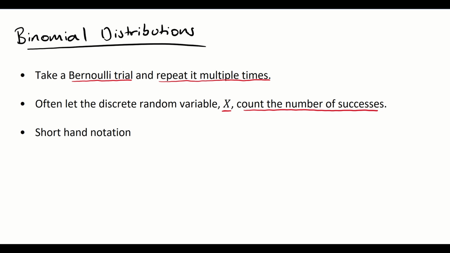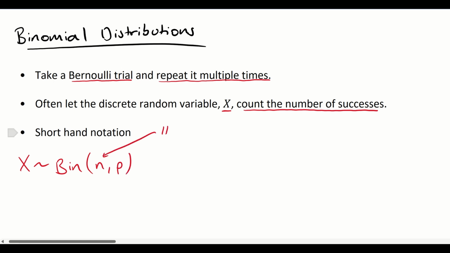successes. And the shorthand notation is just to say that our discrete random variable x is a binomial distribution n, p, where our n here is the number of trials, and our p here is the probability of a success on an individual trial.